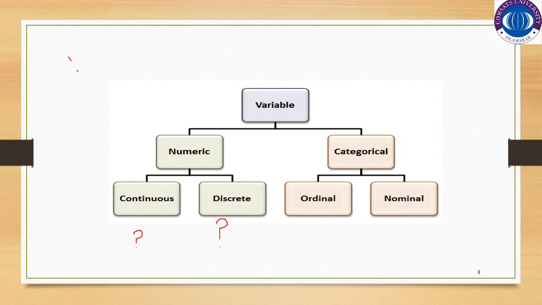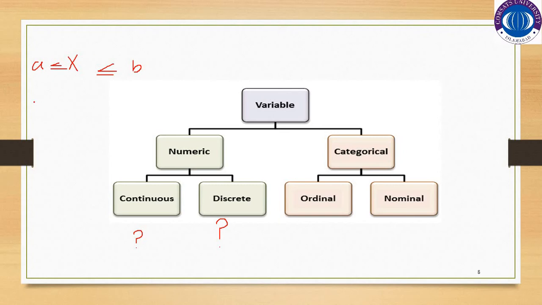Let's suppose your variable name is x and it exists between the range a and b, where a and b are some constants. So this variable x will take each and every value within the range a and b.